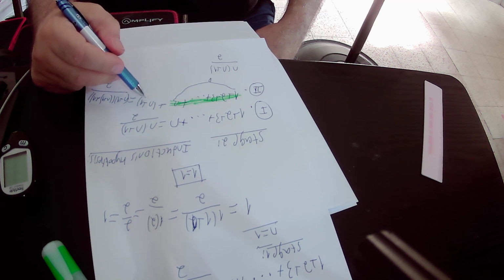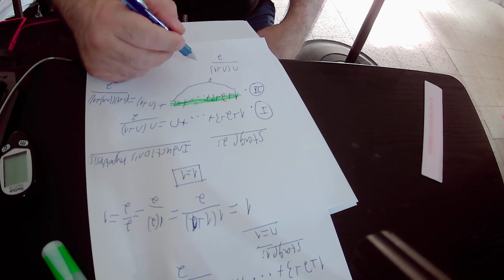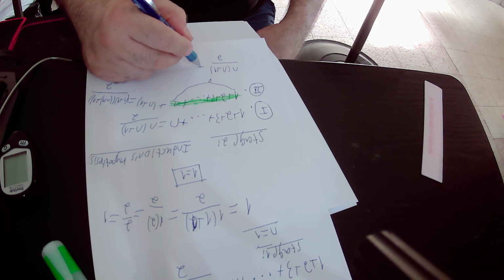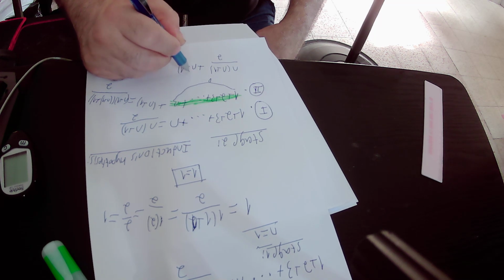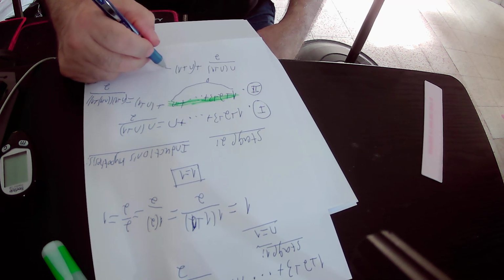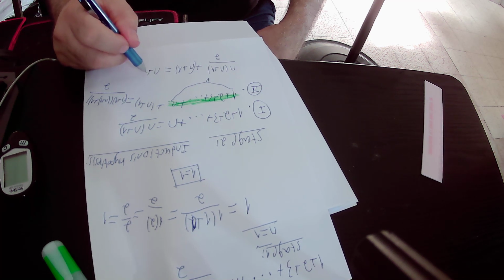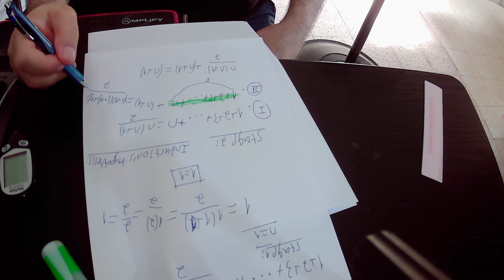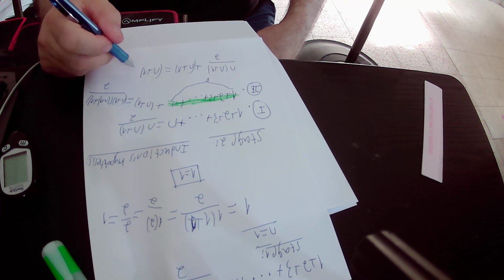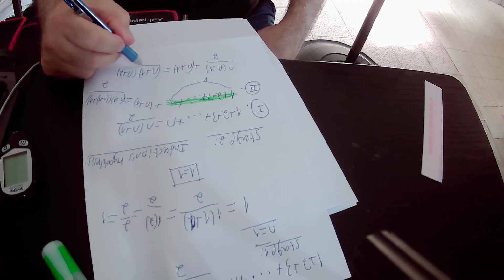And here we have n plus 1, so we will copy it as it is. And all equals n plus 1 times n plus 1 plus 1, which is n plus 2, all divided by 2.